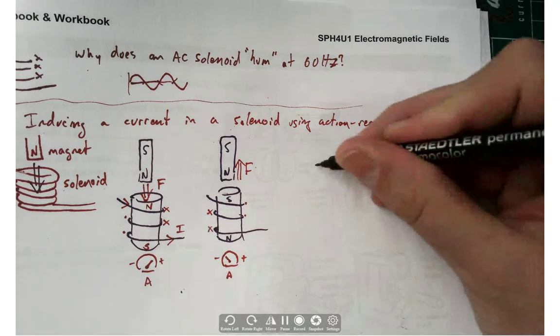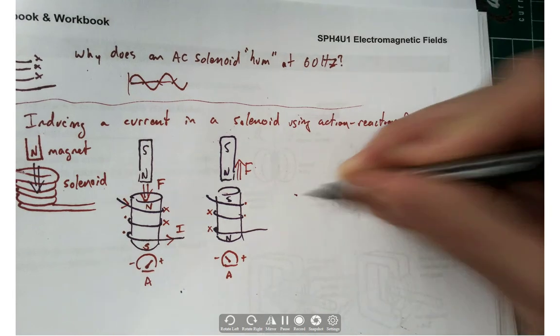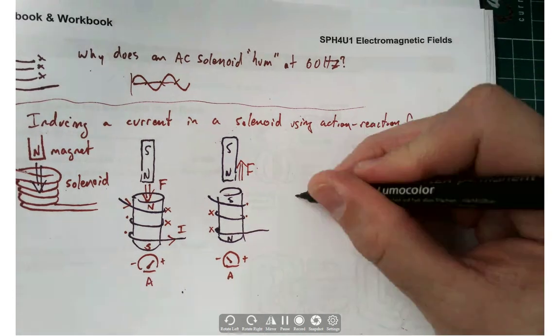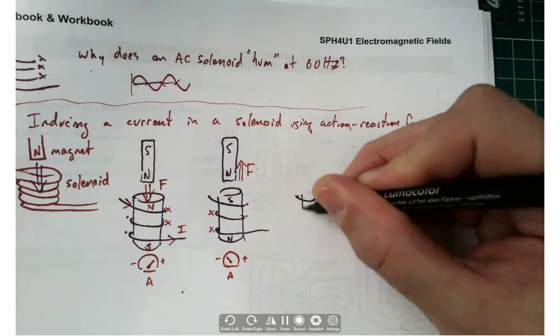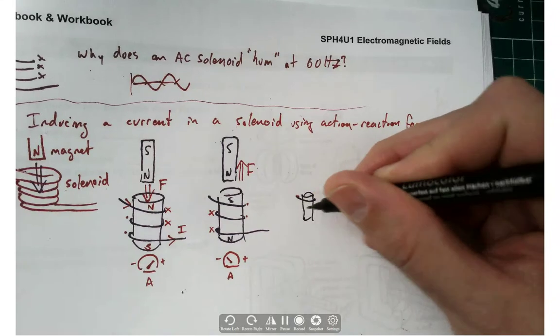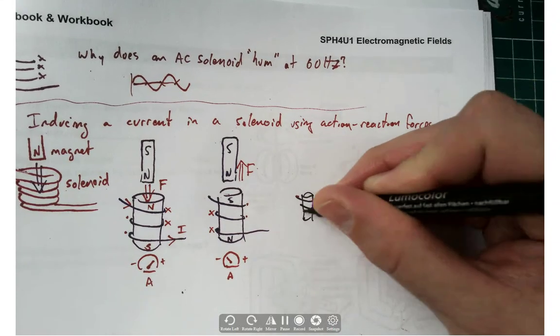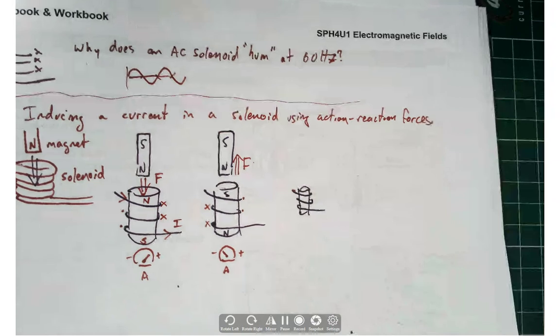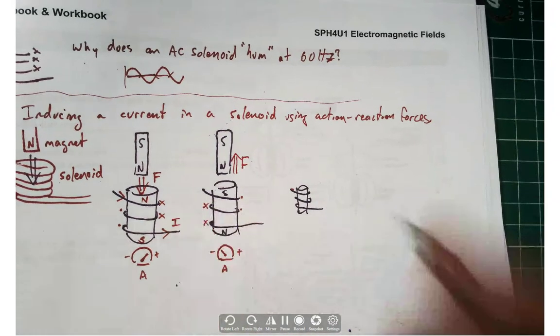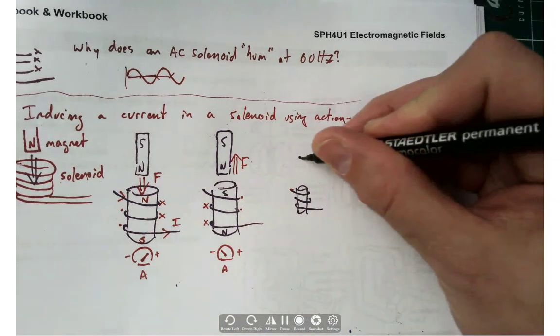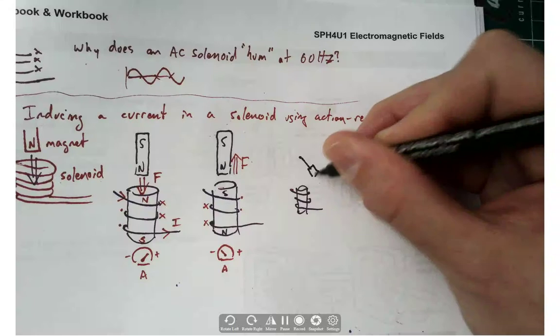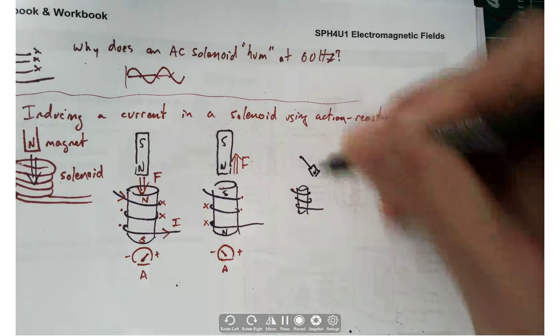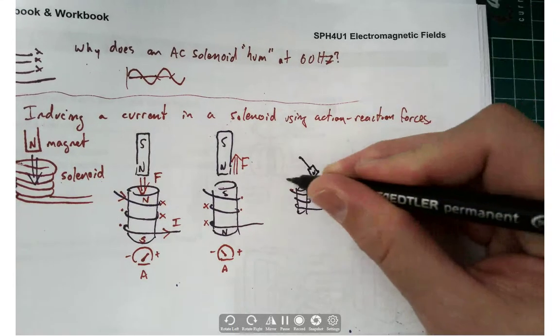Look at this. If I took the same solenoid, toilet paper roll, sure, I could shove it in and out, but would you believe that I could do something similar if I put a magnet on a pendulum, put a north here, and I let this pendulum swing back and forth?